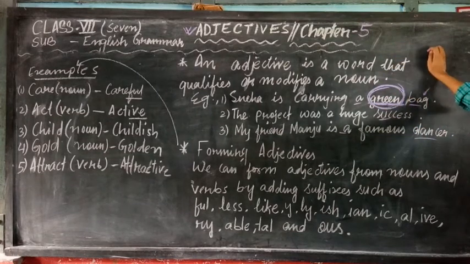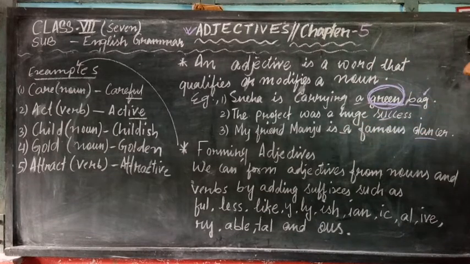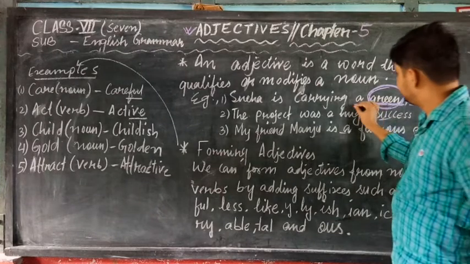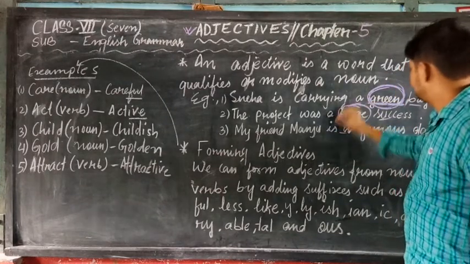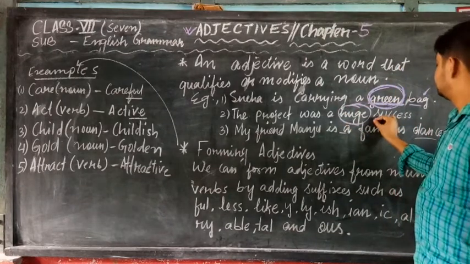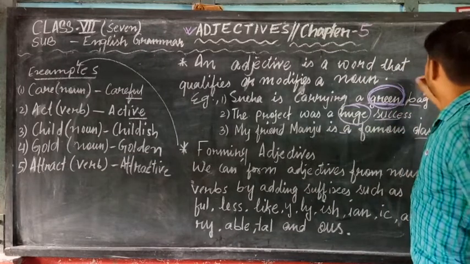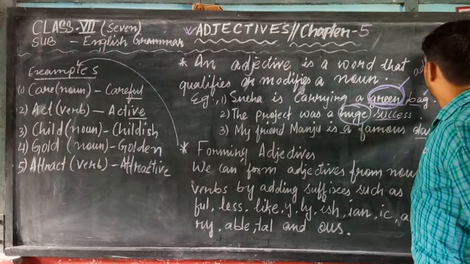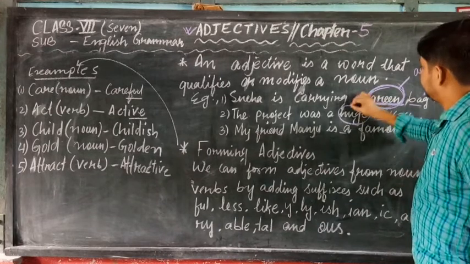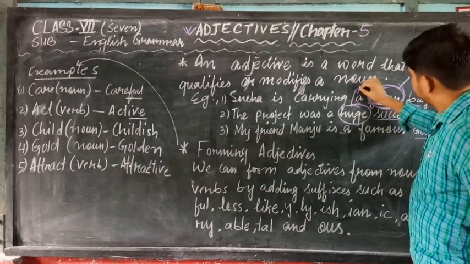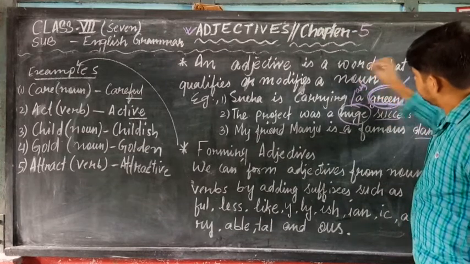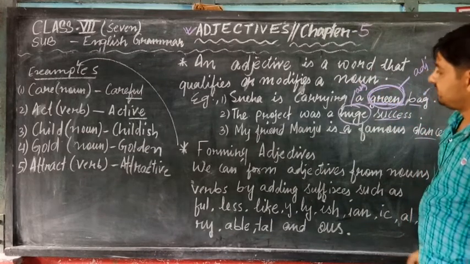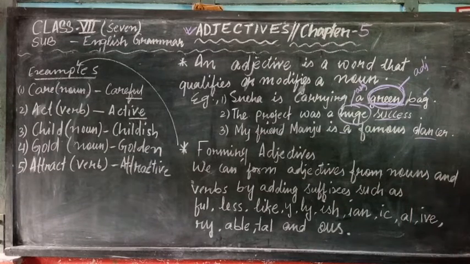Another example: the project was a huge success. Here the word huge is qualifying the noun success. This is an adjective. Another: my friend Manju is a famous dancer.